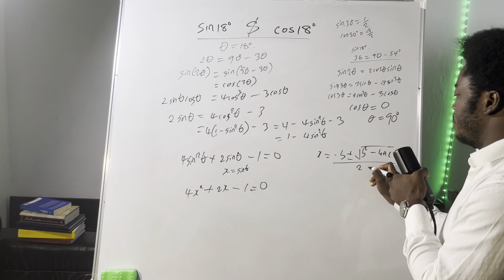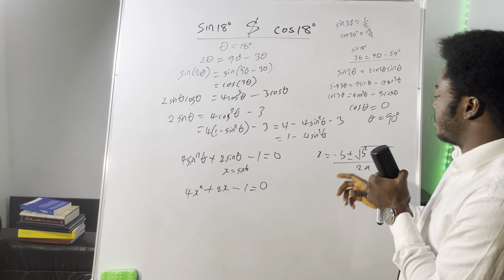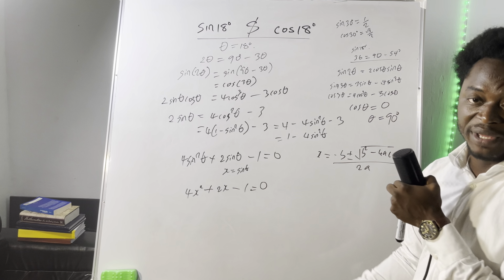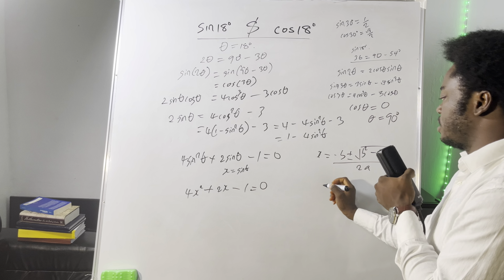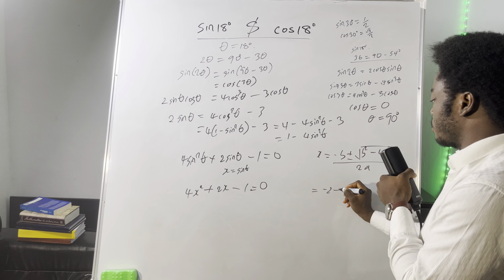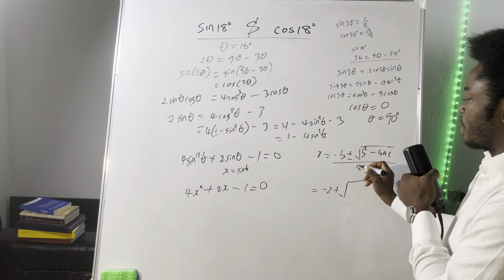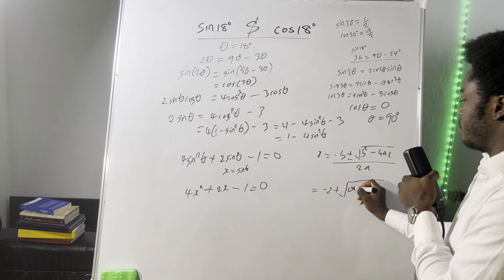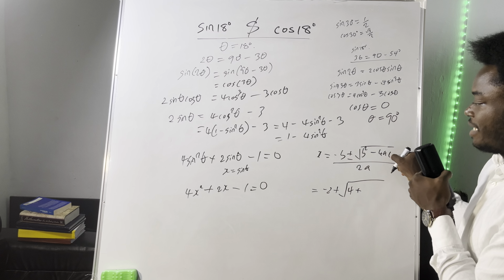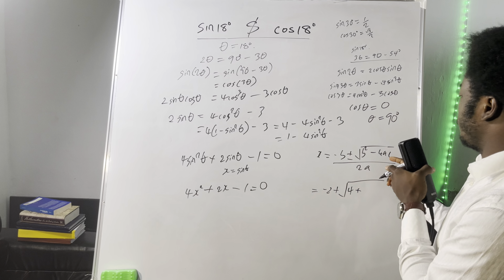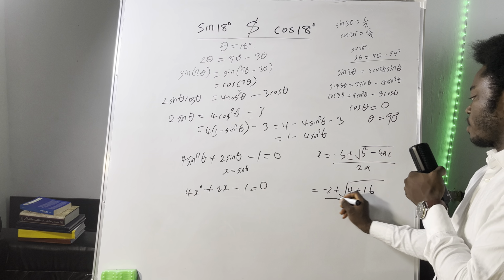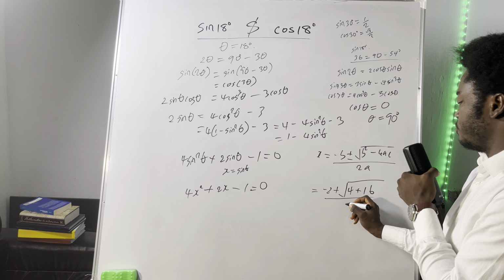Notice here that a is 4, b is 2, and c is -1. So x will be -2 plus or minus square root of b squared, 2 squared, which is 4, minus 4ac, that is plus, because c is negative, so 4 times 4 is 16, all divided by 2a, which is 8.